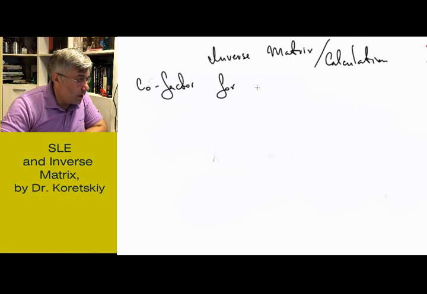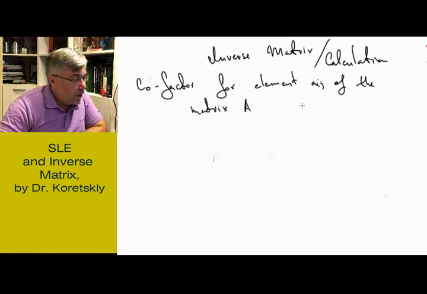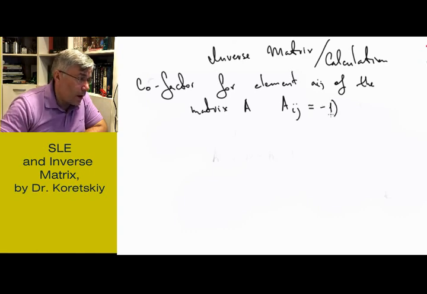For element Aij of the matrix A, we denote it like A capital Ij, it is minus 1 raised to power i plus j times minor Mij.